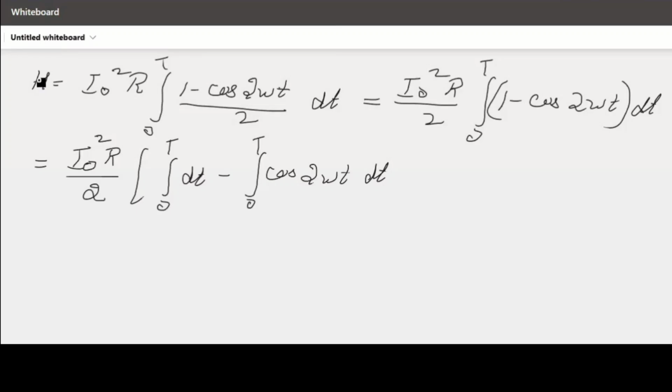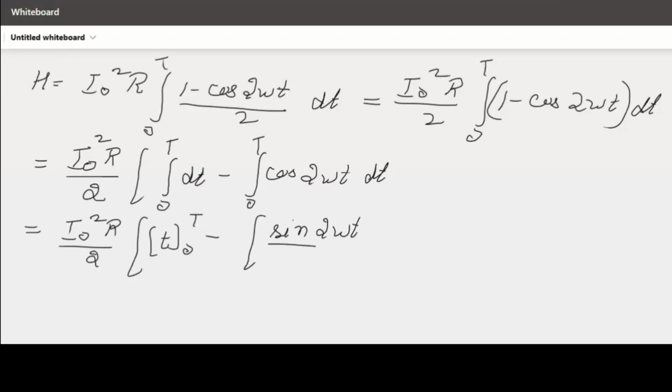Now the next step, again we have to write the constant terms, and its integration is small t with the limit 0 to capital T, and integration of this part is sine 2 omega t divided by 2 omega with the limits 0 to T.